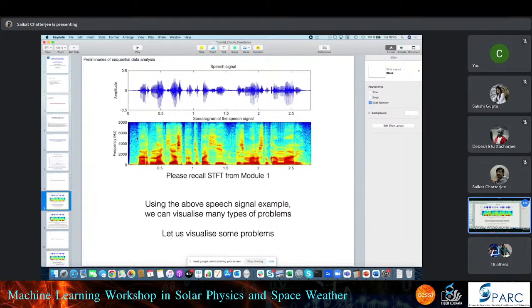So you can easily see these frequency components, and in the case of speech, there are some frequency bands on which the speech signal's energy is concentrated.